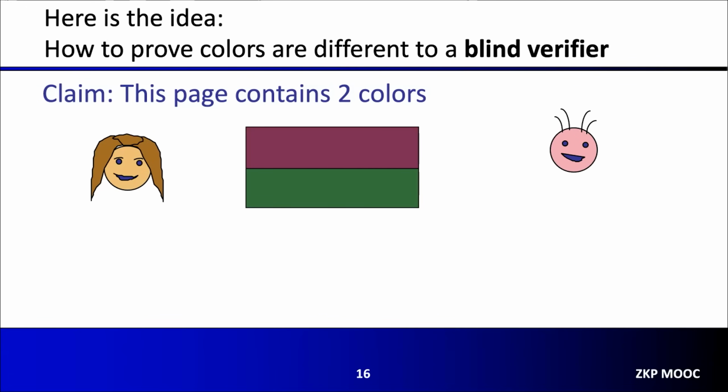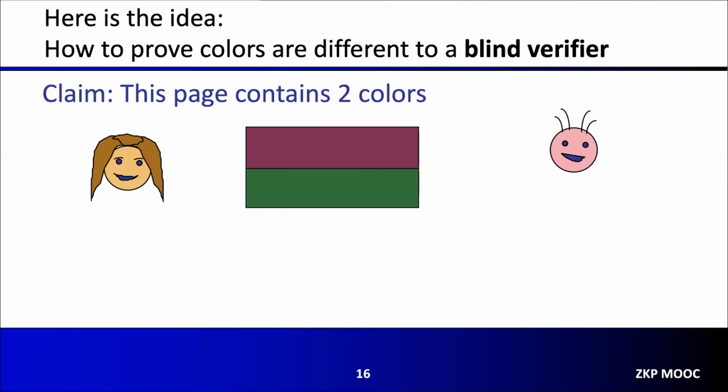And the prover is trying to convince the verifier that this particular page has two colors. He's not going to enable him to see colors for the future. So in some sense, all he's going to convince him is that this page has two colors and nothing else. So in that sense, it will not be transferring to him anything beyond the claim.